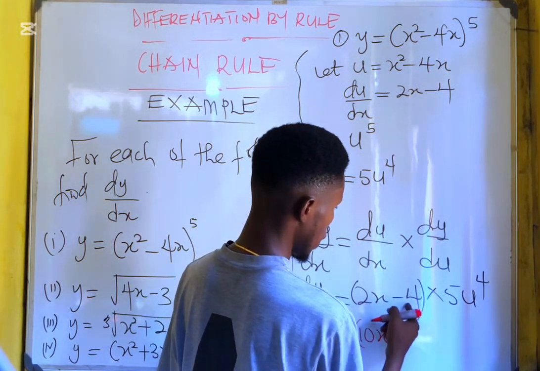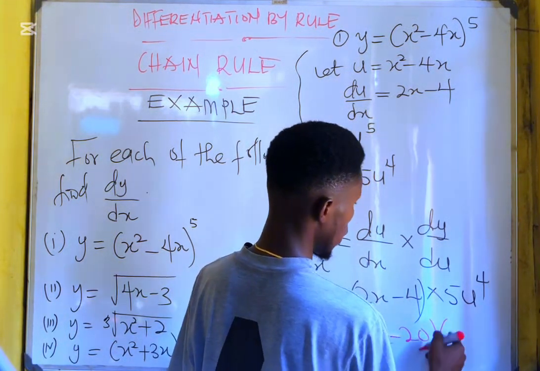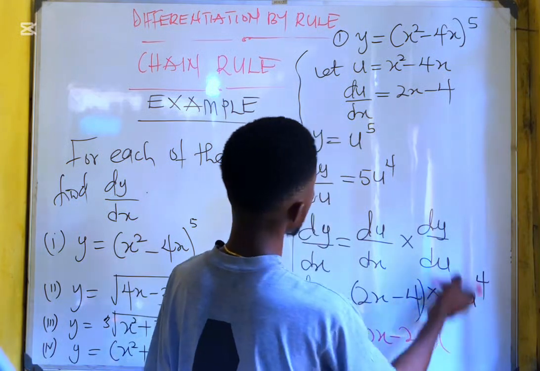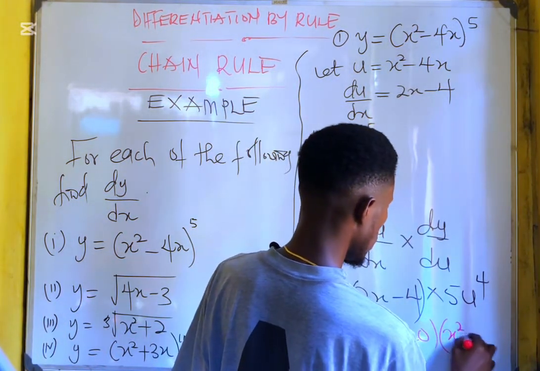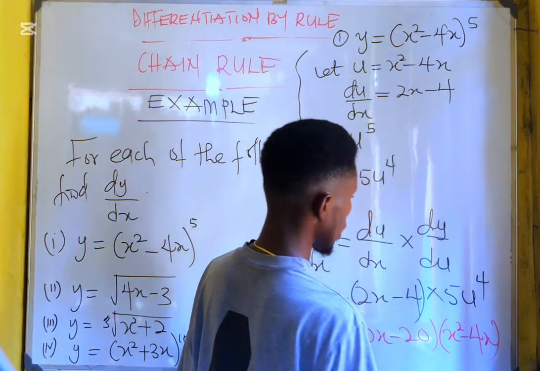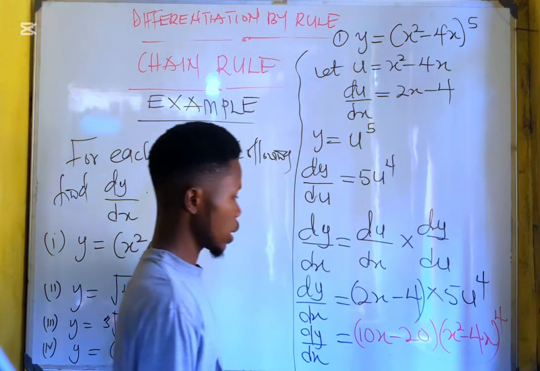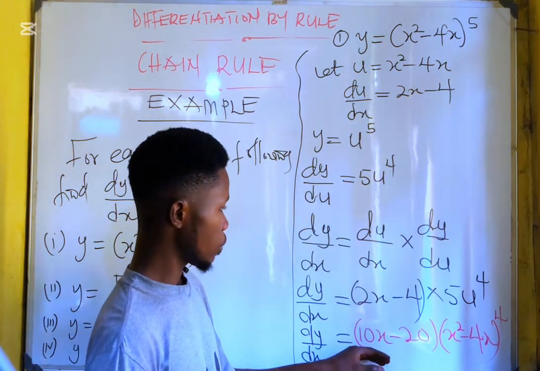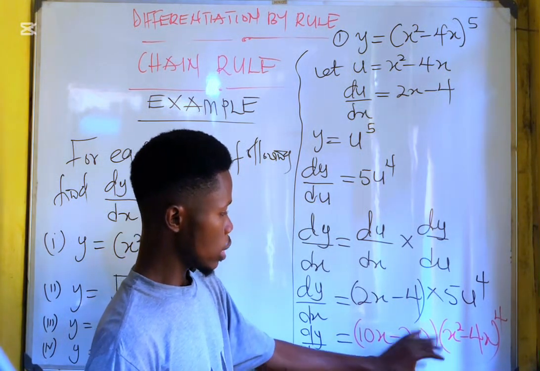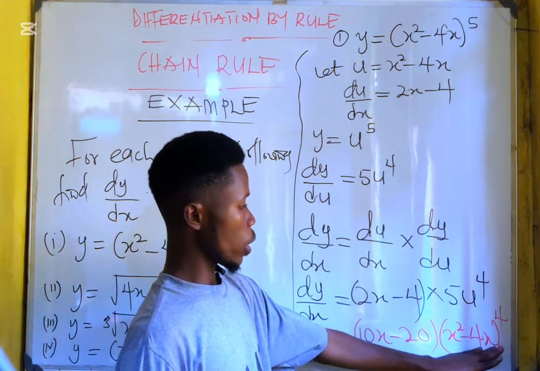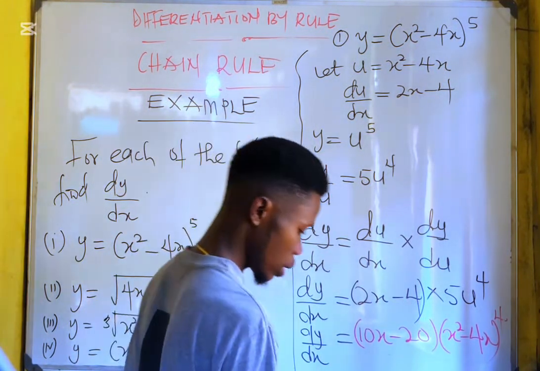Okay. 5 times 4 will give us negative 20. Multiply by this u here. You go back and do the back substitution. Now the u is x squared minus 4x. So x squared minus what? 4x. But remember that the u is power what? 4. So your answer becomes 10x minus 20 in one bracket, x squared minus 4x to the power what? 4.